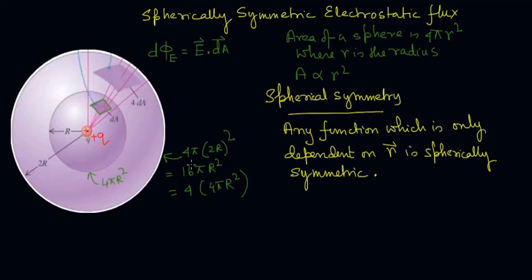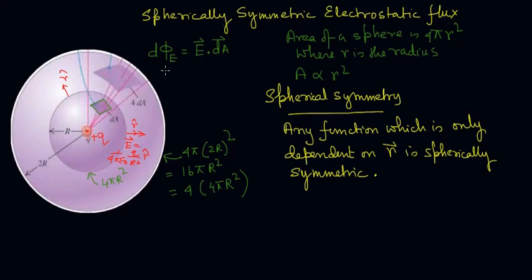Now, if this point charge is plus q, what is the electric field here? The distance is r, so E will be 1 by 4 pi epsilon 0 q over r square times r cap, right? R cap is the unit vector radially outward. This is r cap. Here the direction of r cap is in the same direction.